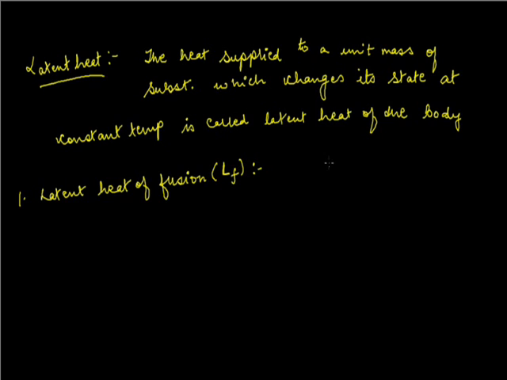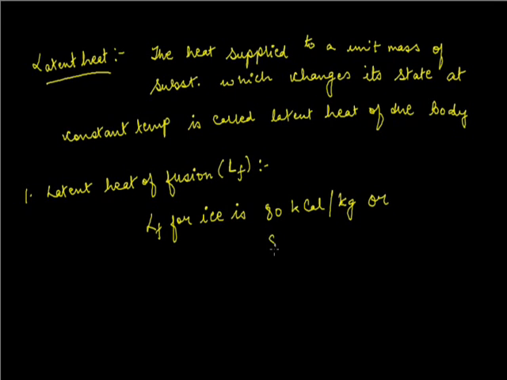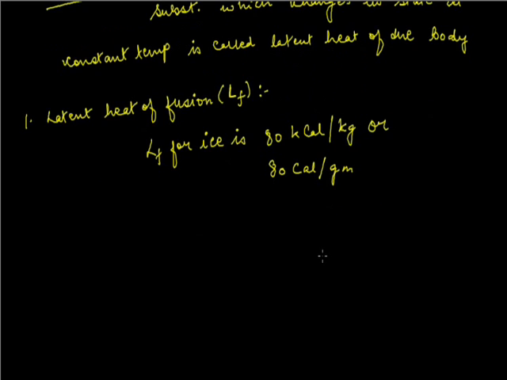Latent heat of fusion for ice is 80 kilocalorie per kg, or I can write 80 calorie per gram. The second latent heat is known as latent heat of vaporization.